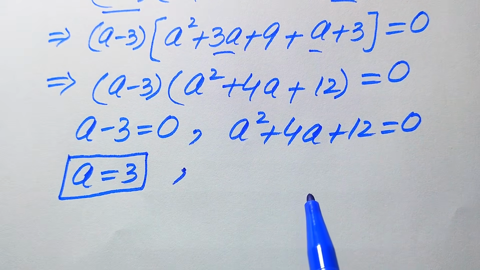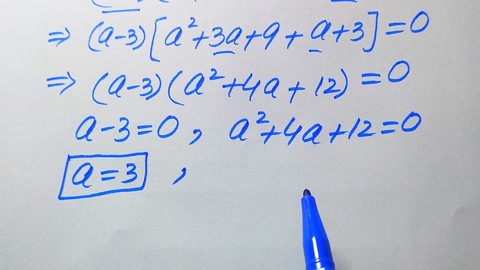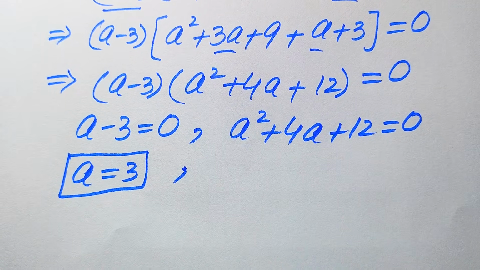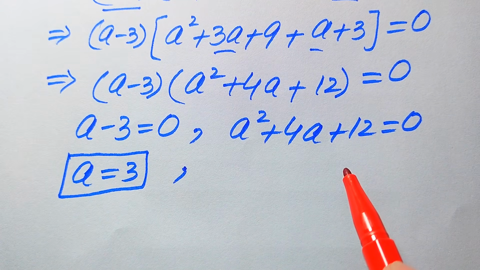And from here you see that this is a quadratic equation, and we know that there are three methods to solve the quadratic equation. The first method is the factorization method, the second one is the completing square method, and the third one is by applying the quadratic formula. So here we apply the quadratic formula to solve this quadratic equation.